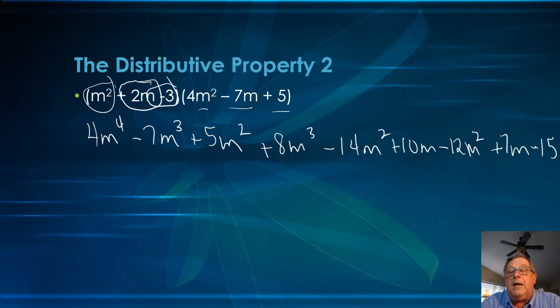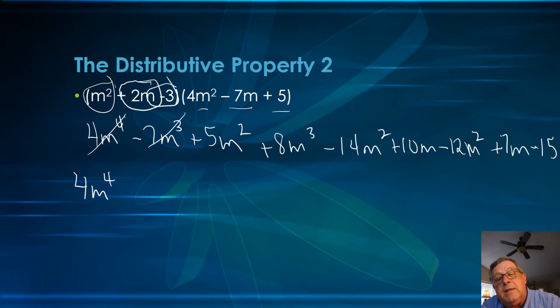And now we've got the job of combining all the like terms. Well, I only have one term that is m to the fourth, and that's 4m to the fourth. Let's cross it out, make sure I don't leave anything out. And let's see, we've got negative 7m cubed, and then we've got positive 8m cubed. And that's all the cube terms I see.